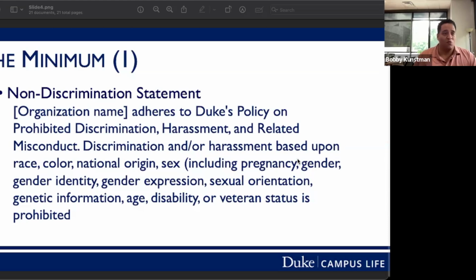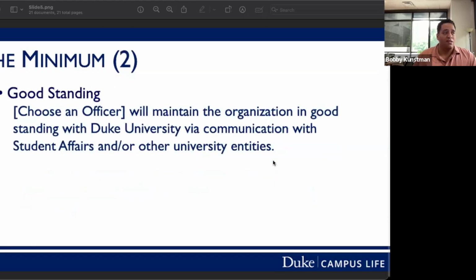The second minimum requirement that we ask of you all is to identify a primary point of contact, and that should be named in the constitution. When I say primary point of contact, you're not going to say Bobby Kuntzman will maintain the organization in good standing. Instead, choose which officer position will be in that role.